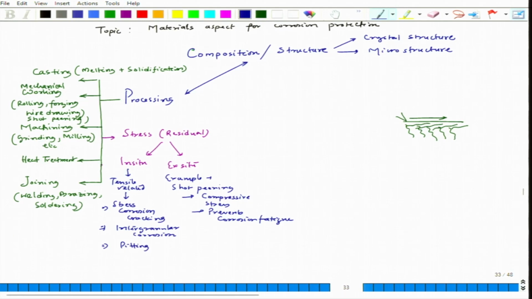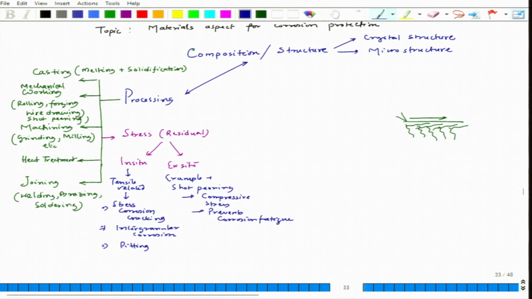So, that means we also have to look at the stress part, and since the stresses are coming due to processing, we put it here in this particular group, the working related or processing related stress evolution in the material.